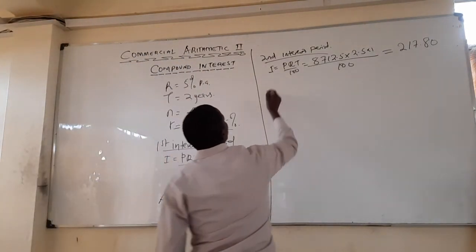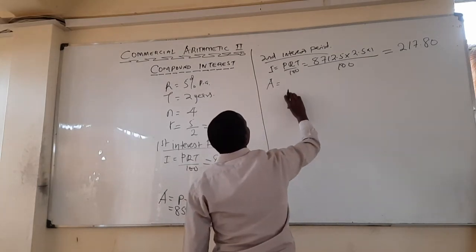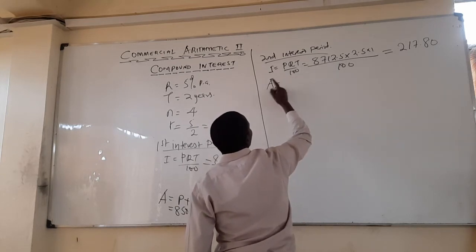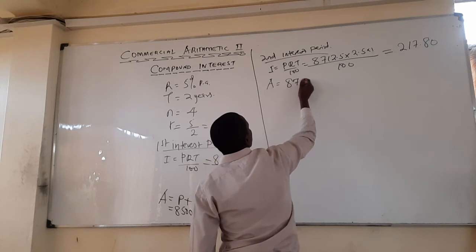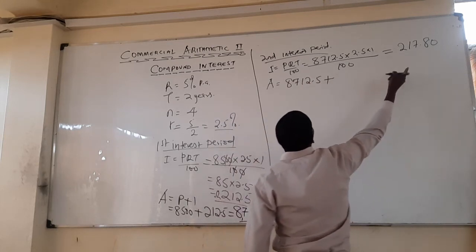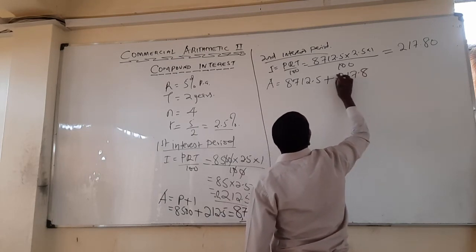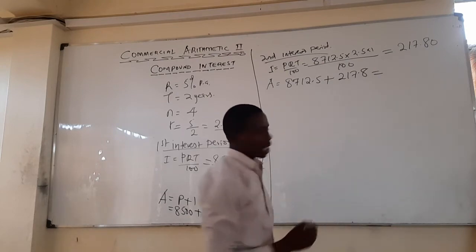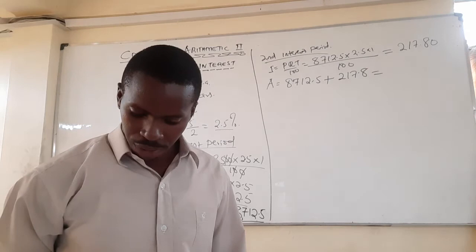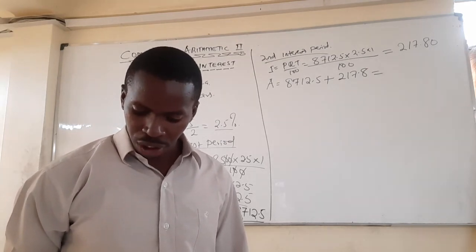And then you get the amount after this second interest. So we take the new principal we had after the first period, the 8,712.5. We add the interest we have gotten in the second period, which is 217.80.